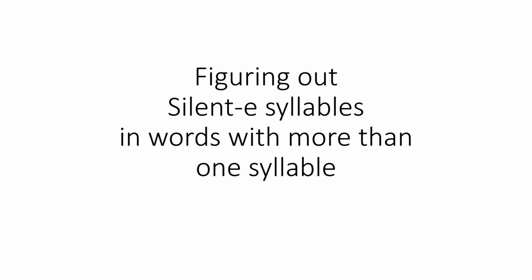So how do we figure out silent E syllables in words with more than one syllable? Well, first we look for the vowels. If we have an E at the end, we have to move one back. And if it's a consonant, which it is, we move one back, and we have another vowel. So what we have at the end here is a vowel followed by a consonant followed by an E, the silent E pattern. So we know that's going to stick together.